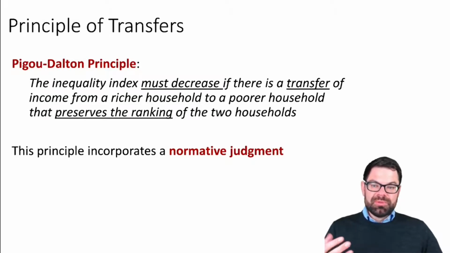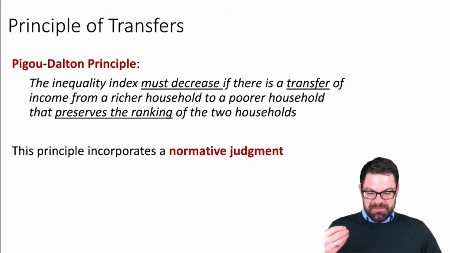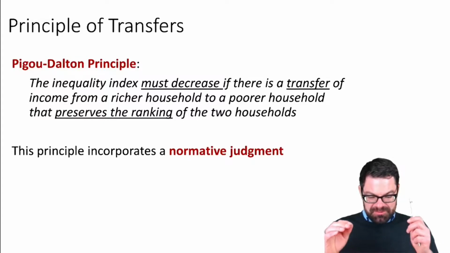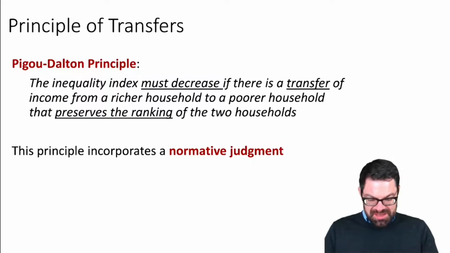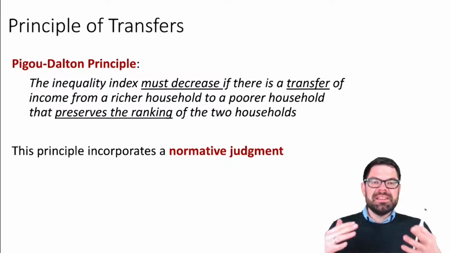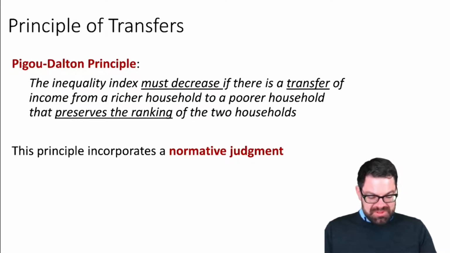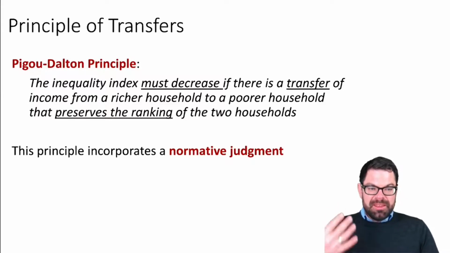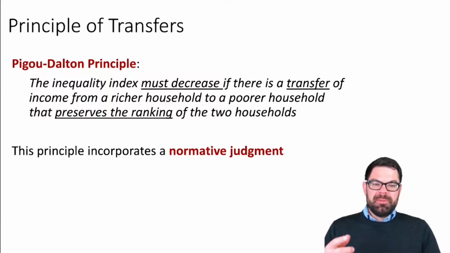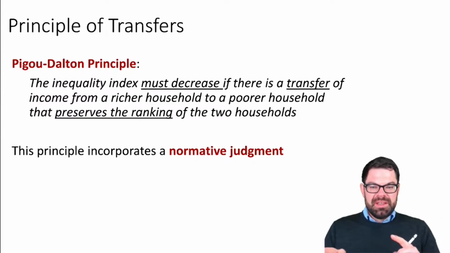And even if this policy changes incomes, but that is not reflected in the inequality index, that's problematic. And so the Pigou-Dalton principle tells us that if we give a transfer from a richer household to a poorer household, and that transfer preserves the ranking of that household, the inequality index must decrease.